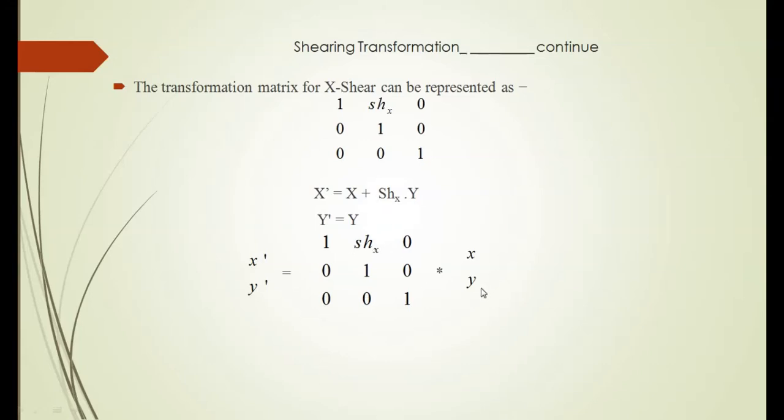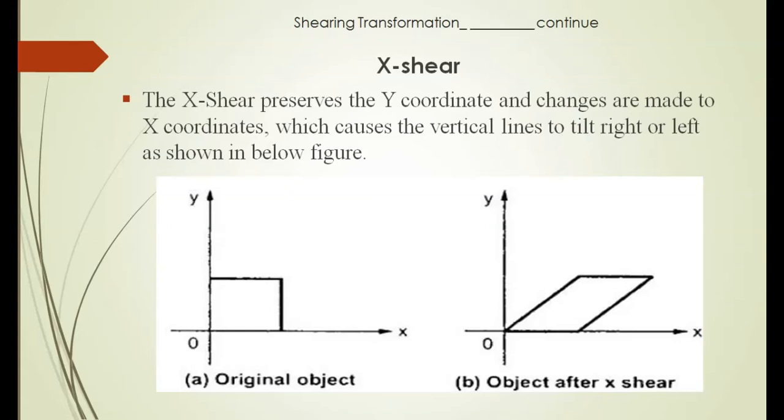So by using this matrix we get the new coordinates, x dash and y dash. In this figure, this one is our original figure and this is our slanted figure, that is the object after the x shearing.